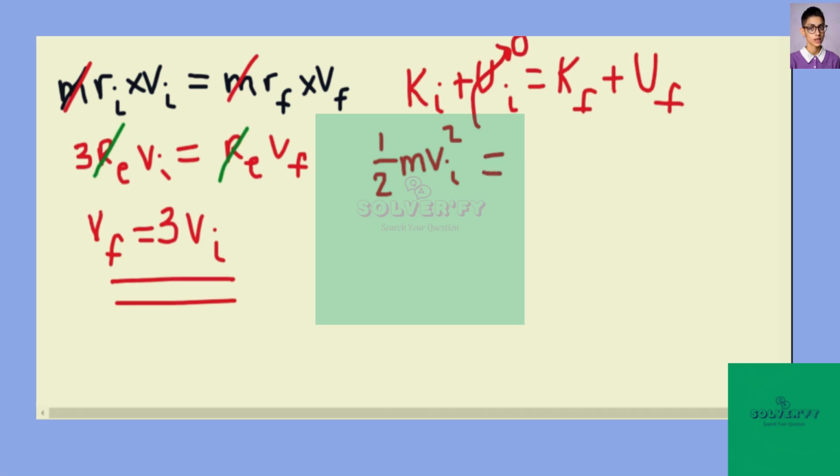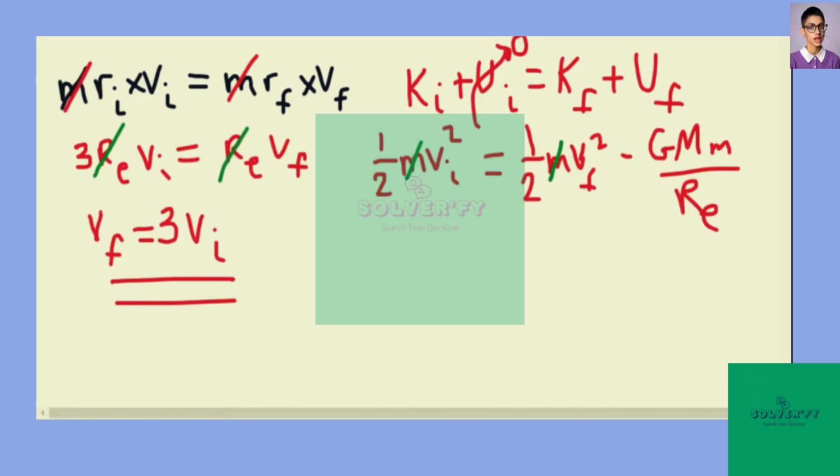The potential energy, since it's far away, we're going to set that to 0. 1/2 m V final squared minus G m over r sub e, because again, at the end, it's going to barely pass the surface of the Earth. All of the m's cancel out, and we can substitute 3vi for Vf.